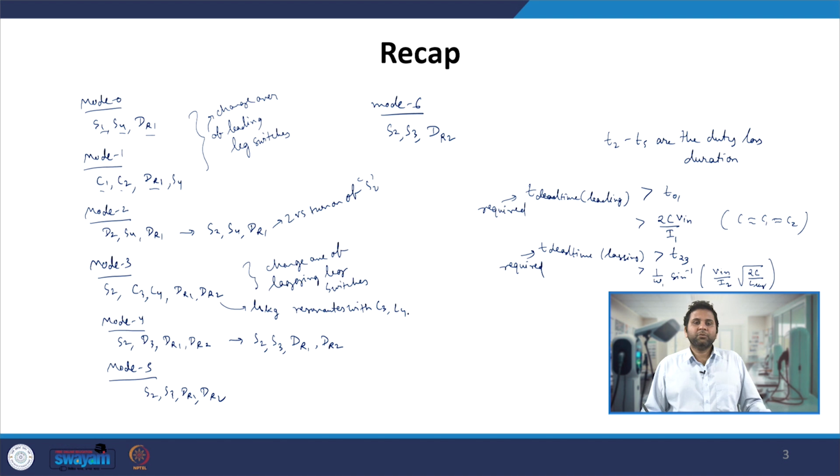Because of the resonance, we have to provide sufficient time for this resonance, in which the capacitor gets fully charged or discharged.